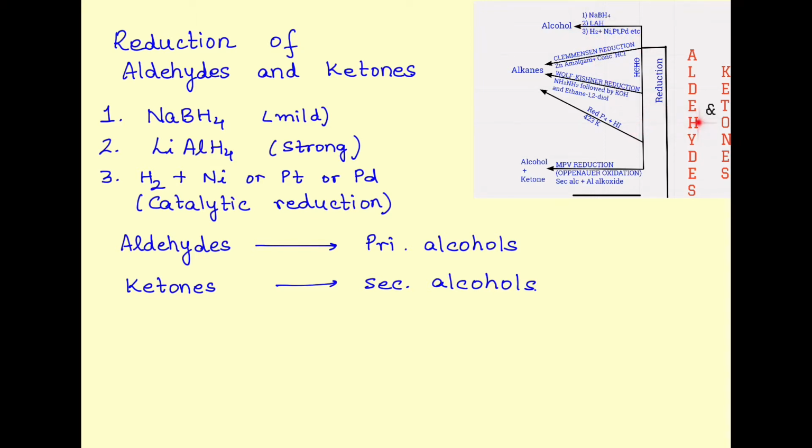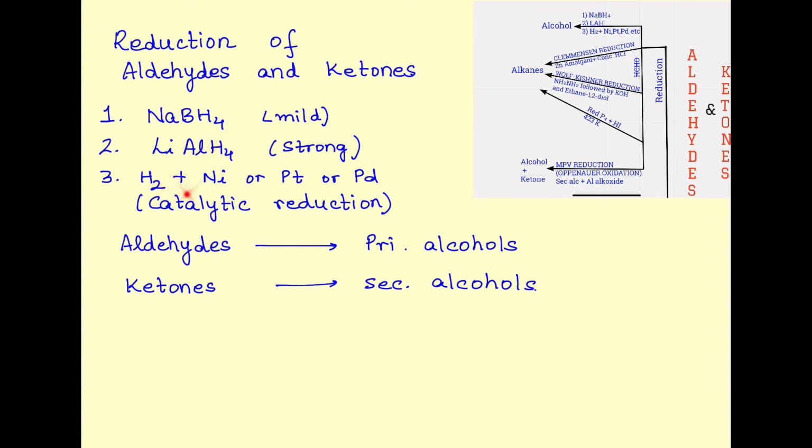Aldehydes and ketones can be converted to alcohols by reduction using agents like sodium borohydride, which is a mild reducing agent, and lithium aluminium hydride, which is a stronger reducing agent compared to sodium borohydride. We have already discussed this under alcohols.